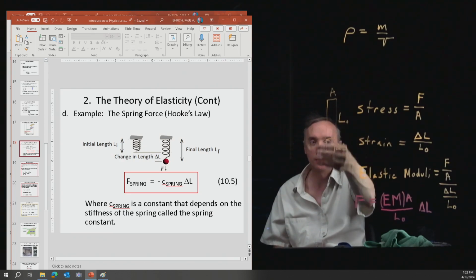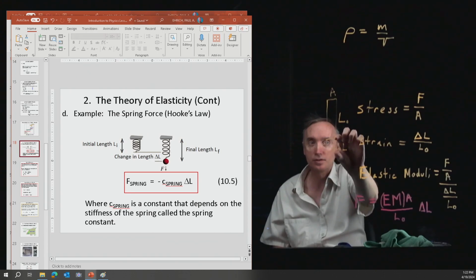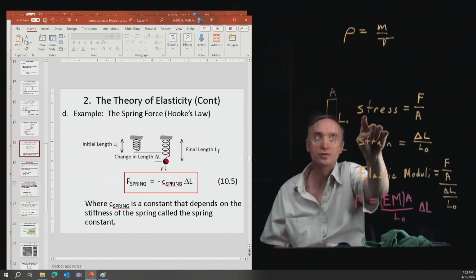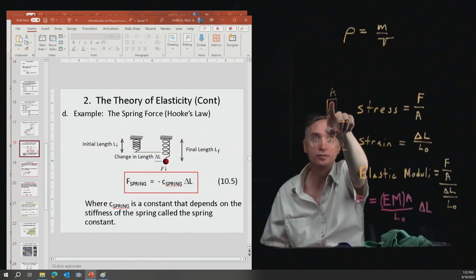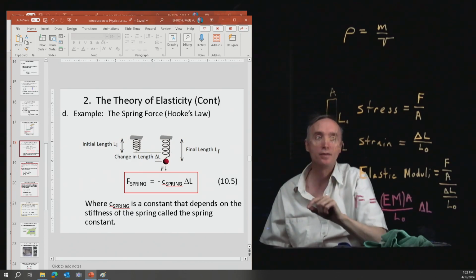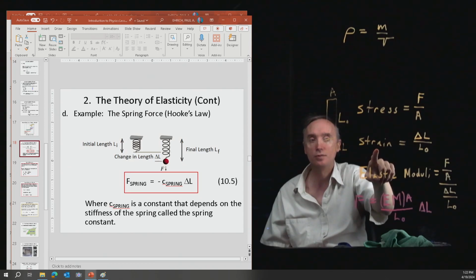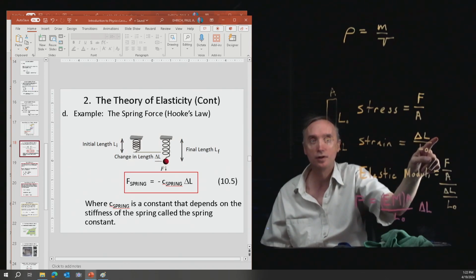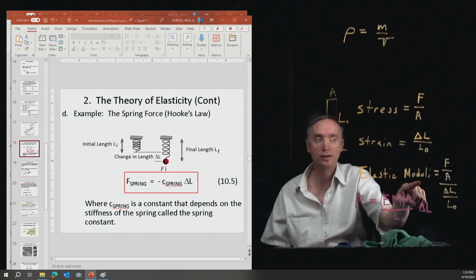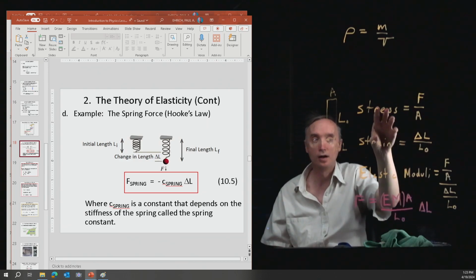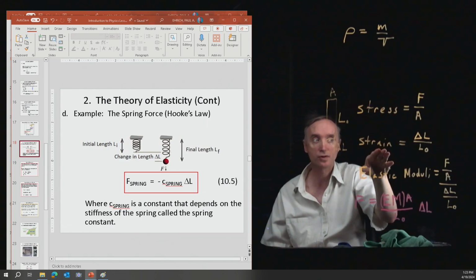Then we're going to apply a force to it, and it's going to stretch this much, delta L. So the stress is going to be the force that you apply divided by the area of this piece of metal here. And then the strain is going to be how much does it stretch divided by its original length. And then the elastic moduli is going to be the ratio of the stress to the strain.